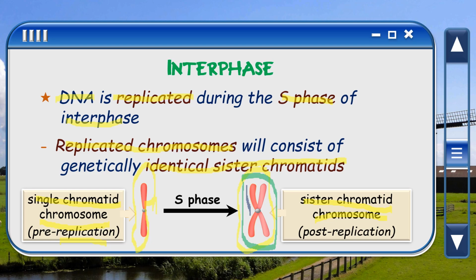Now it has made a copy of itself, which we are referring to as the sister chromatid. But those 2 sister chromatids are identical. They are a copy of each other. That's what we are saying: the replicated chromosome will consist of genetically identical sister chromatids.